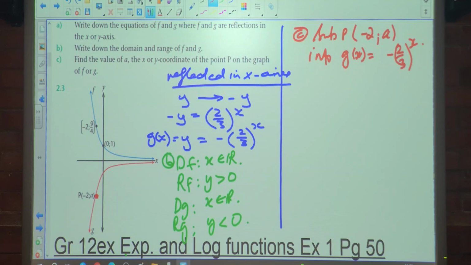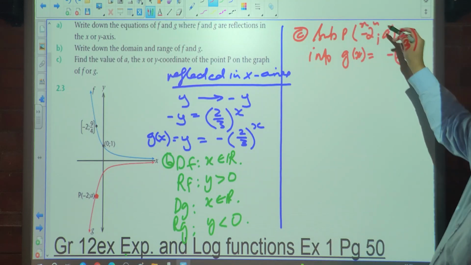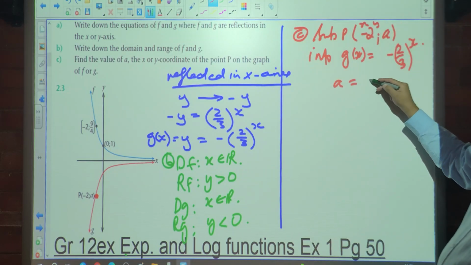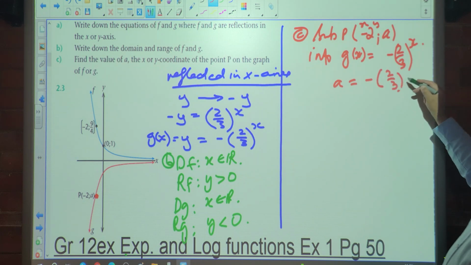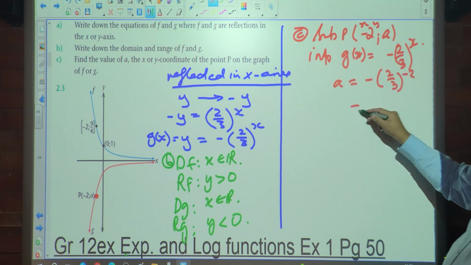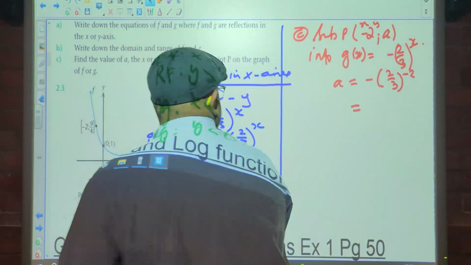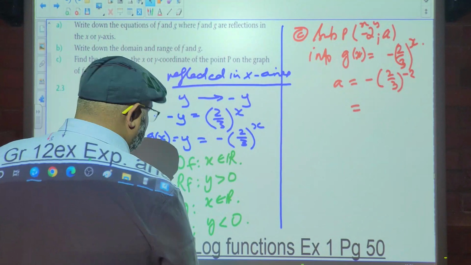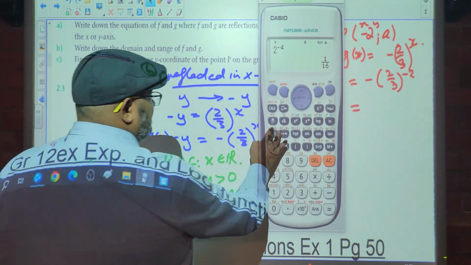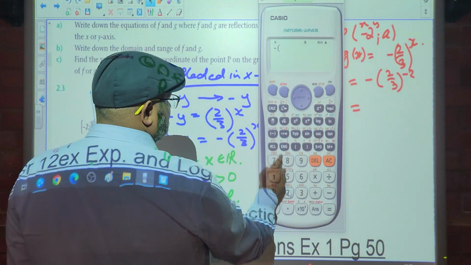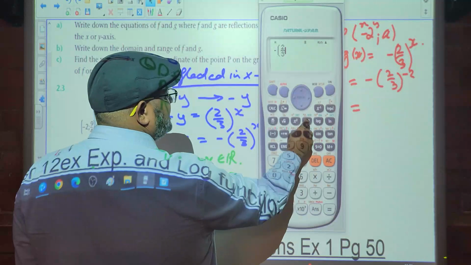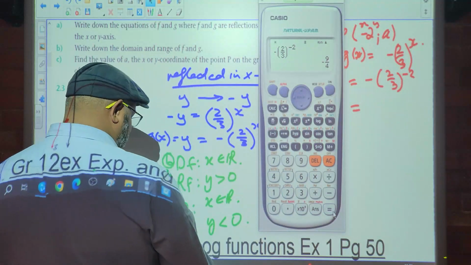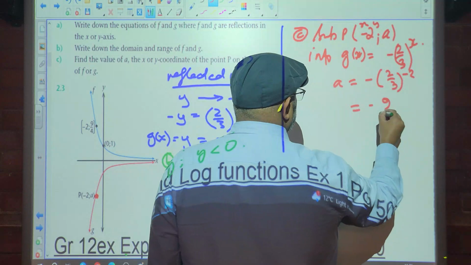So this is an x and a y. So a is equal to negative 2 over 3 raised to the negative 2. Of course, the negative must sort out. So that's simply going to be 9 over 4 in the negative. So you say negative, from brackets, 2/3 raised to negative 2. Negative 9 over 4. So a is negative 9 over 4.